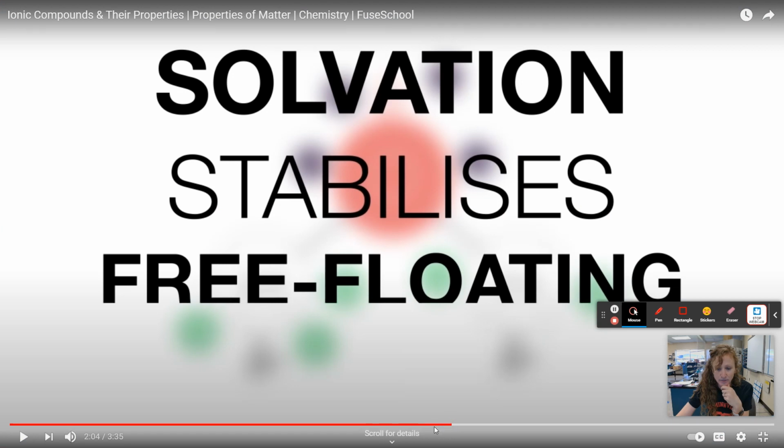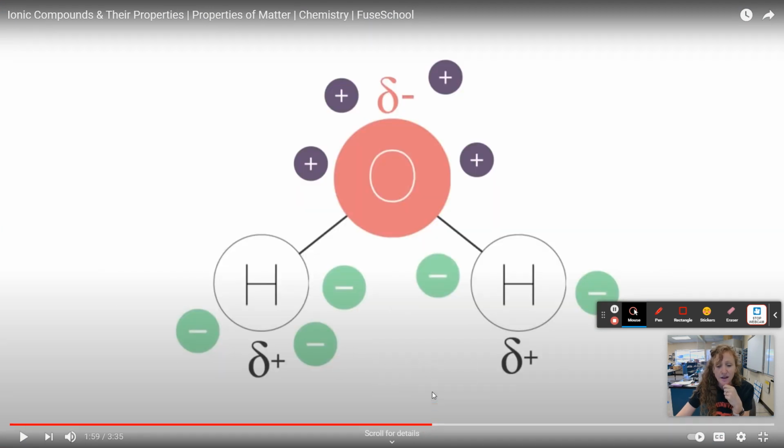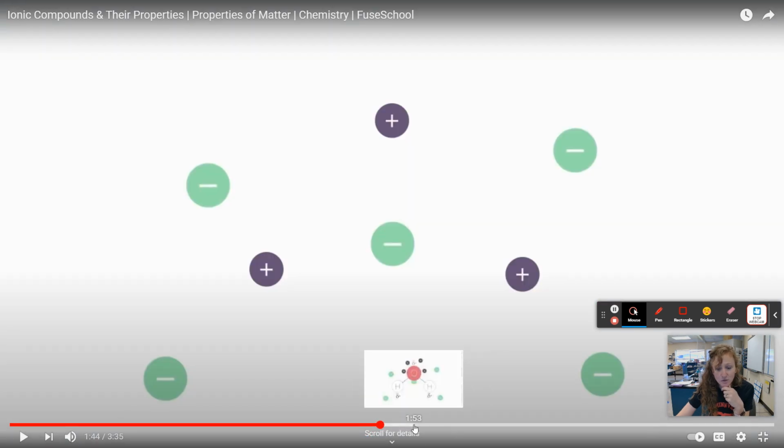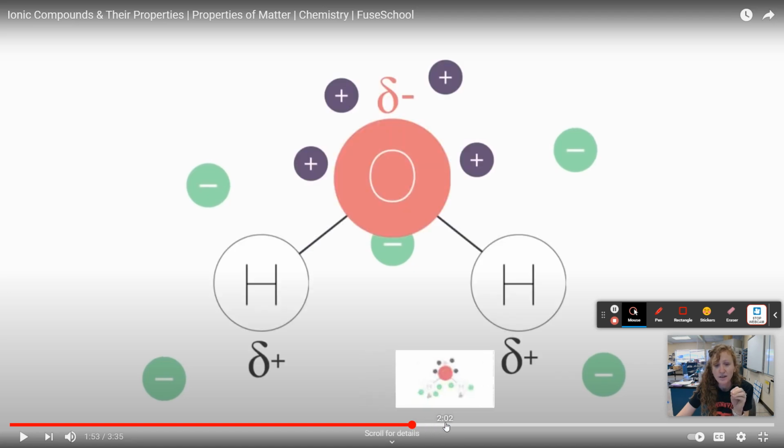Let me go back just a little bit. These ions will break off from that lattice, separate, and move around the solution separate from one another because they are stabilized by these polar or partially charged ends of the water molecule.